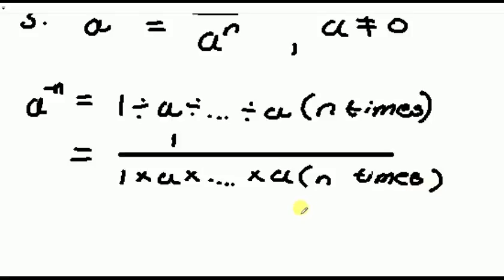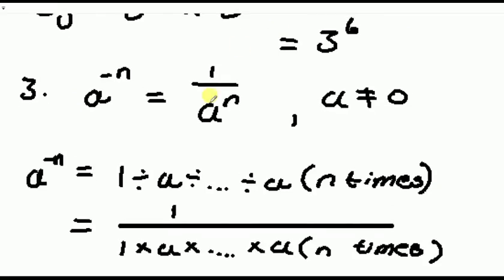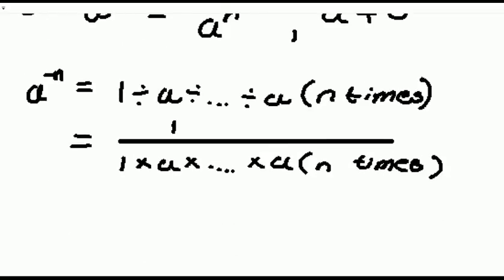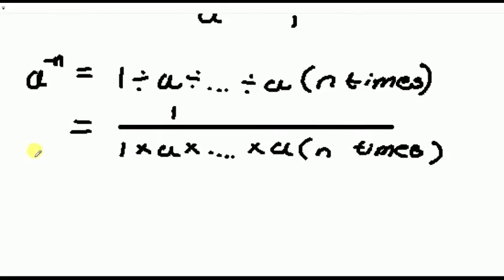So this is how we came up with what we have here on top. So remember that a negative exponent is another way to show that the whole exponential number is divided instead of being multiplied.